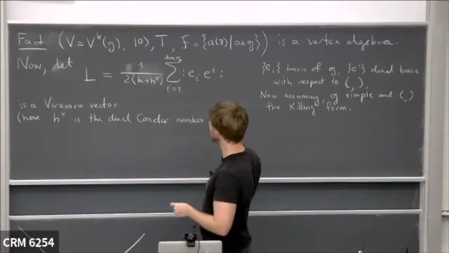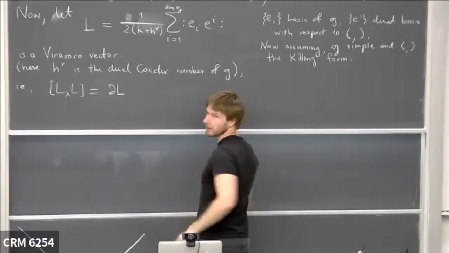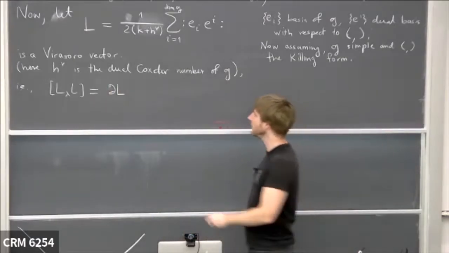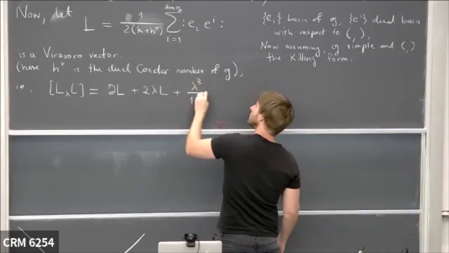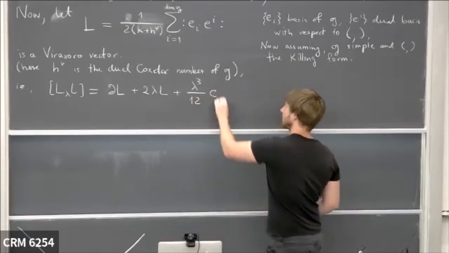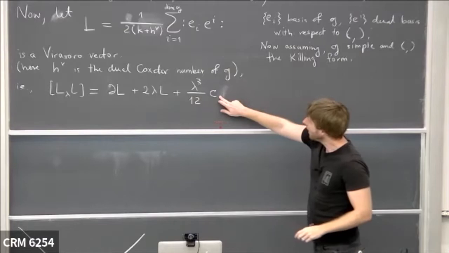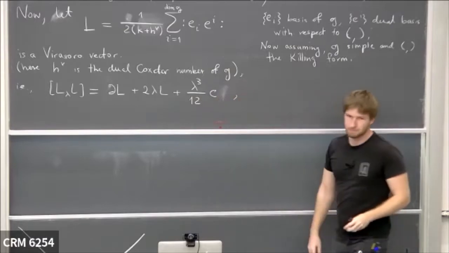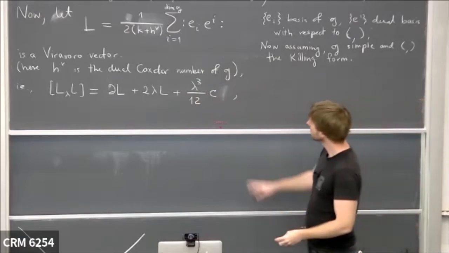Is a Virasoro vector, i.e., if we take the lambda bracket of L with itself, we get the relation with one half c times the identity, if you wish. Where now c is the central charge. So in the last case, we had c equal 1.